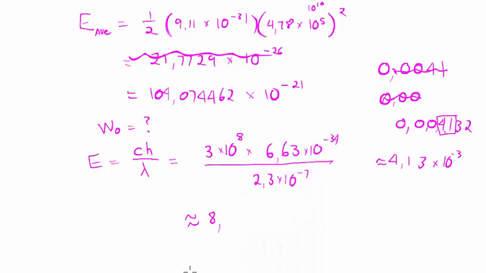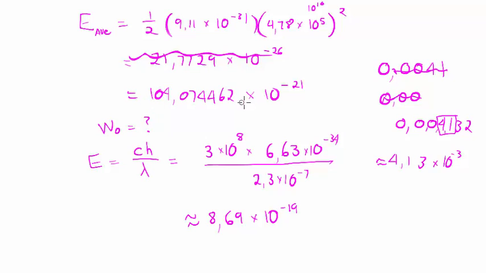Times 10 to the power of, and now this is 8 minus 34 gives me -26, minus -7 gives me +7, so -26 plus 7 gives me -19. So this is the amount of energy that I hit it with.